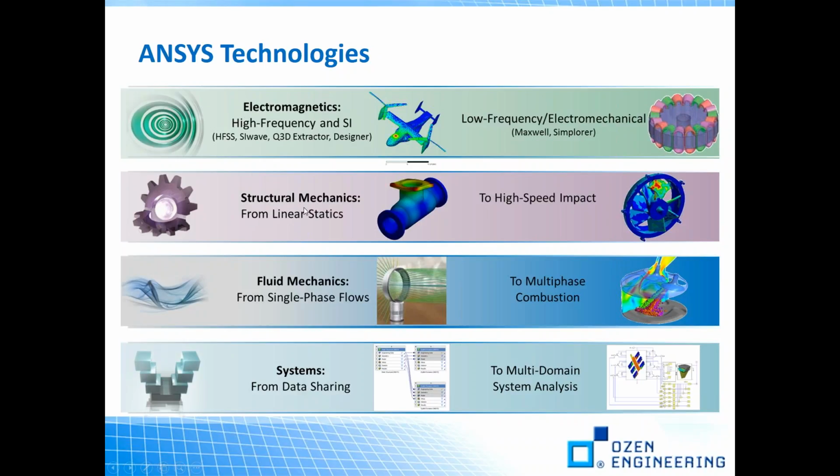Also in structural mechanics, they support everything from linear static to high speed impact, and in fluid mechanics, from single phase flows to multi-phase combustion, and also system simulation from data sharing to multi-domain system analysis. But today I'm just going to talk about ANSYS HFSS, which is software for high frequency electromagnetics.